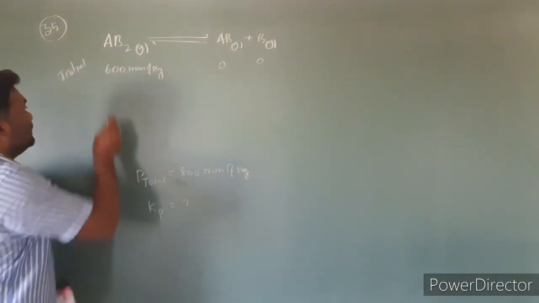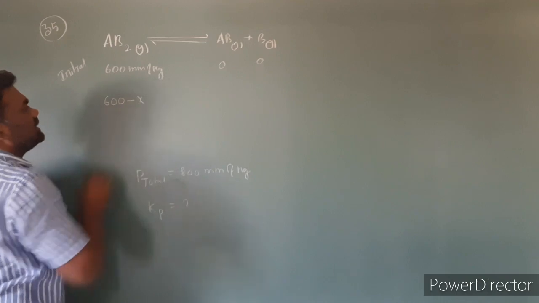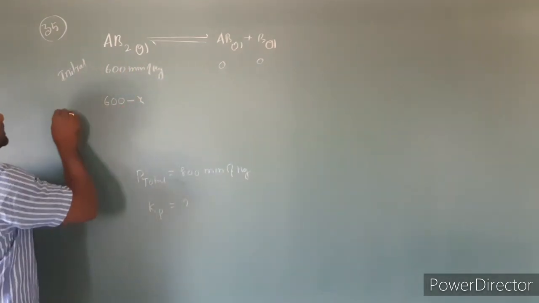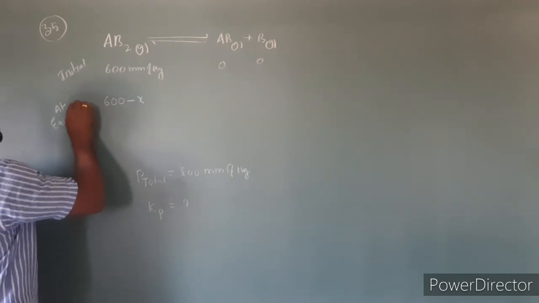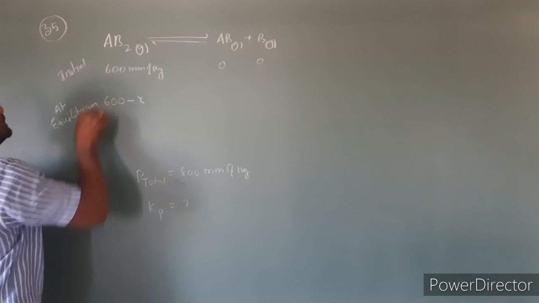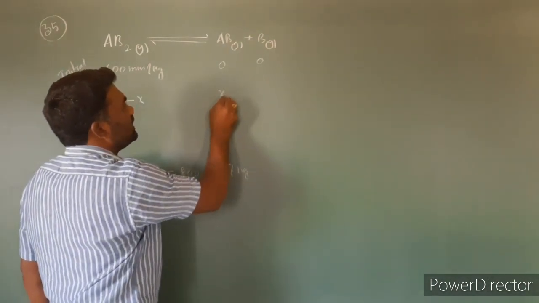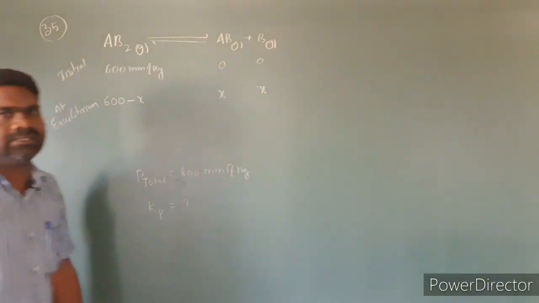So the partial pressure at equilibrium I am labeling as 600 minus x. Some amount of reactant converting into product, then the partial pressure is 600 minus x. This is at equilibrium. Here the partial pressure of AB is x and the partial pressure of B is x, isn't it?